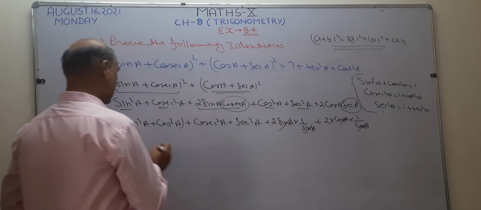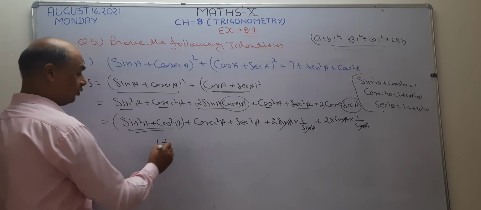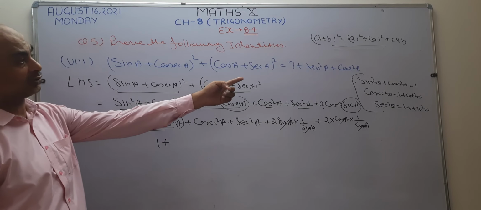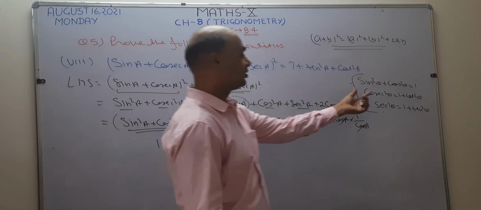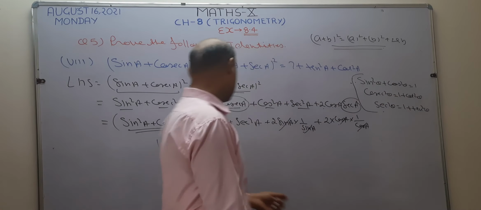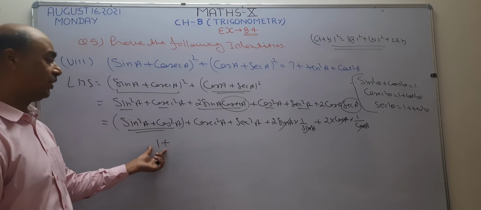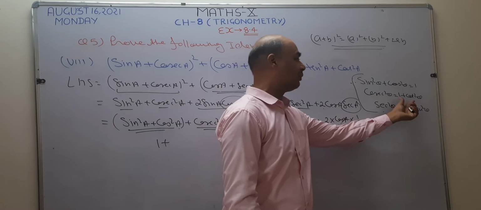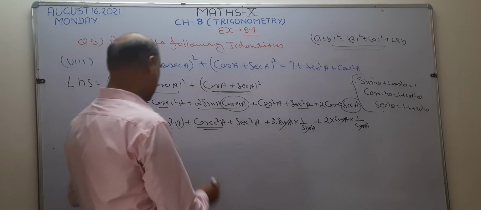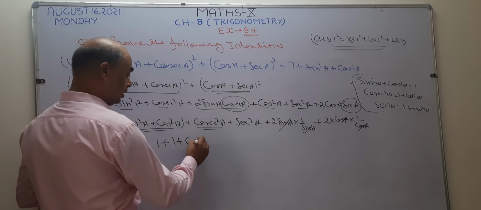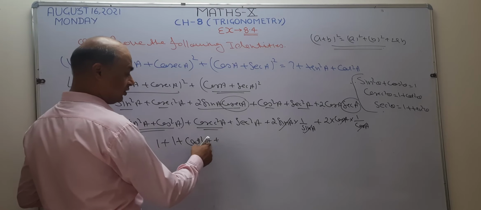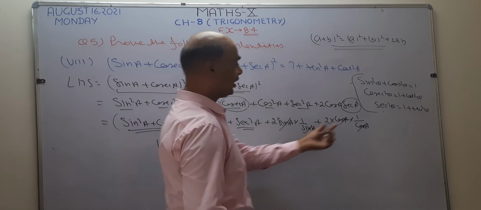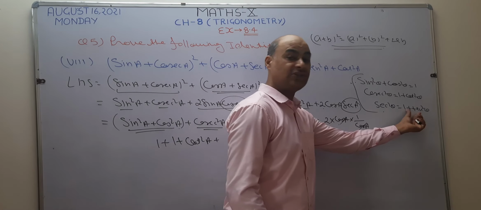So instead of sine square A plus cos square A, I want to write 1, because you know sine square theta plus cos square theta equals 1. Now cosec square theta is equal to 1 plus cot square theta, so this becomes 1 plus cot square A, because angle A is there. Now you know secant square theta is equal to 1 plus tan square theta.